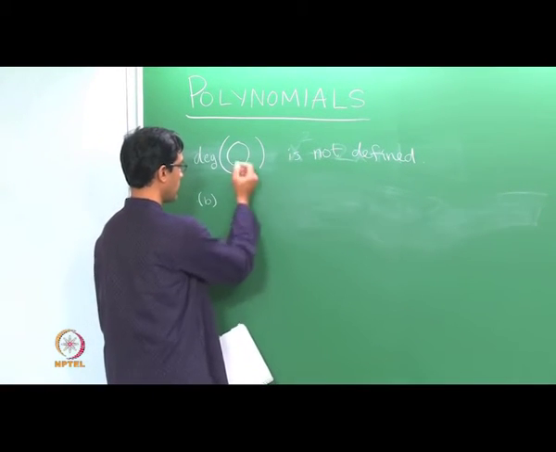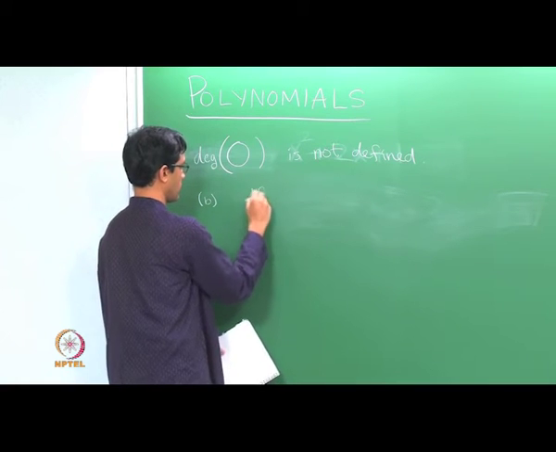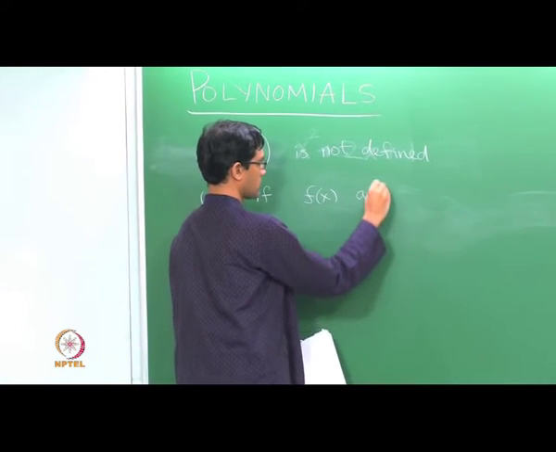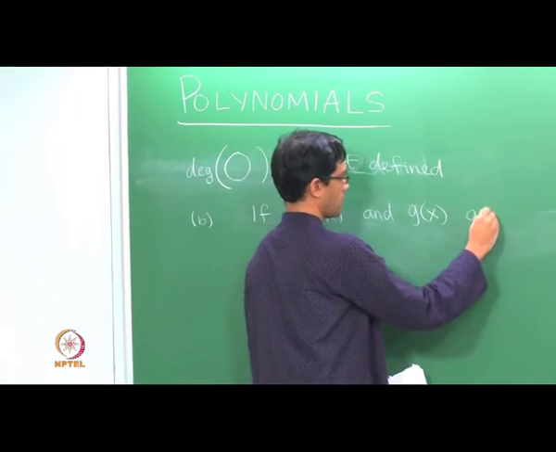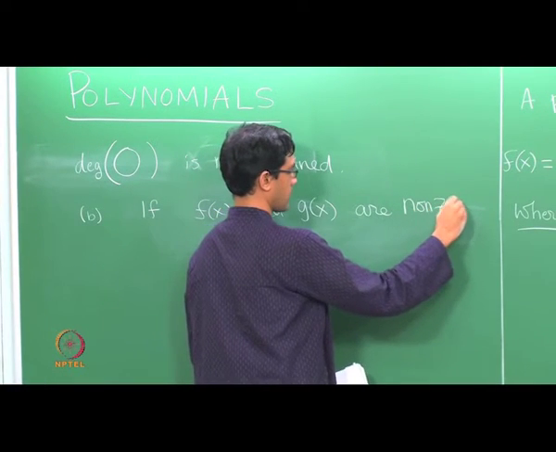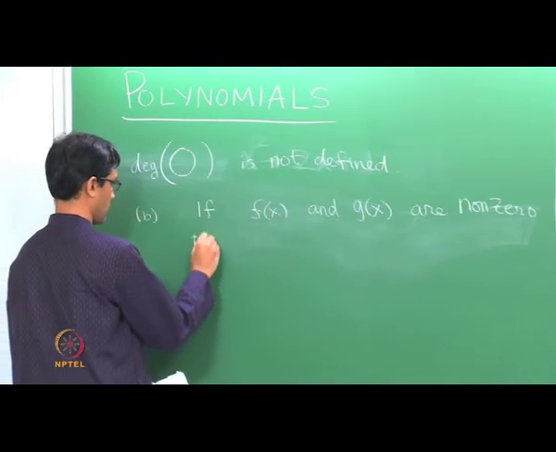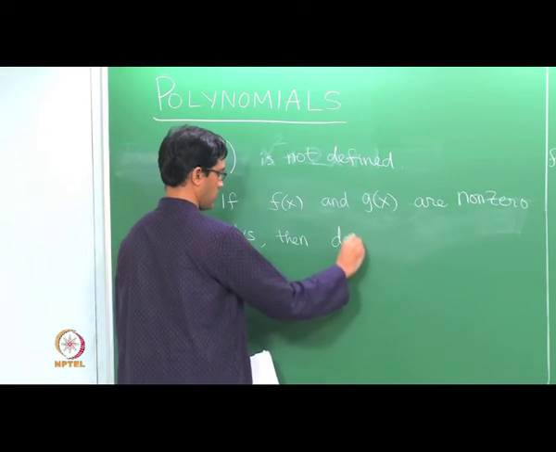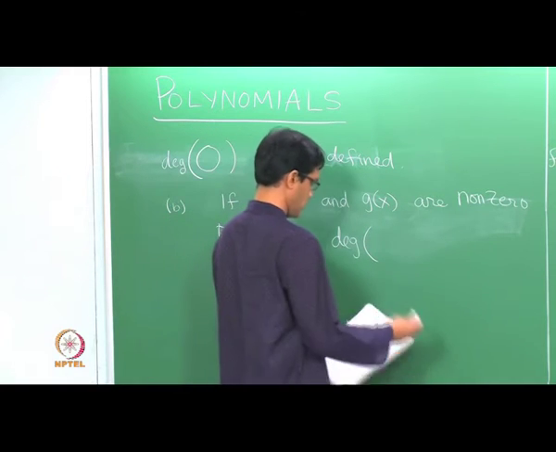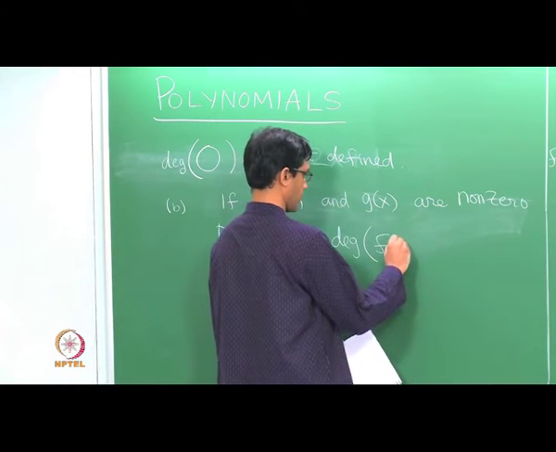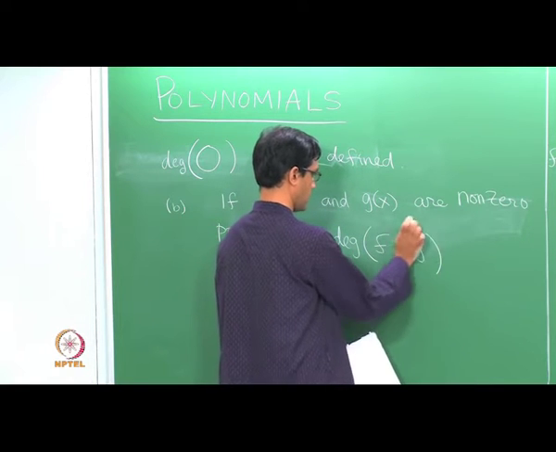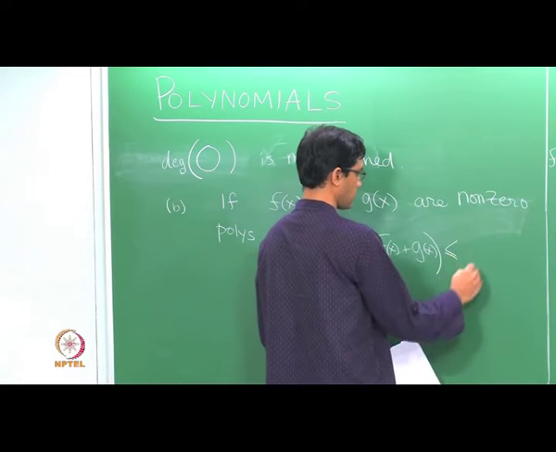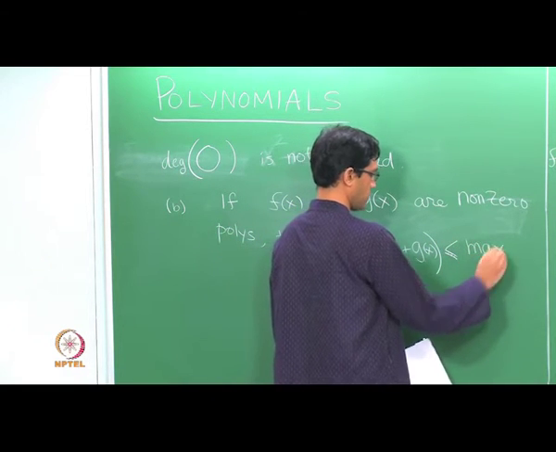So if f of x and g of x are non-zero polynomials, then the degree of their sum, f of x plus g of x, is less than or equal to the maximum of the degrees.